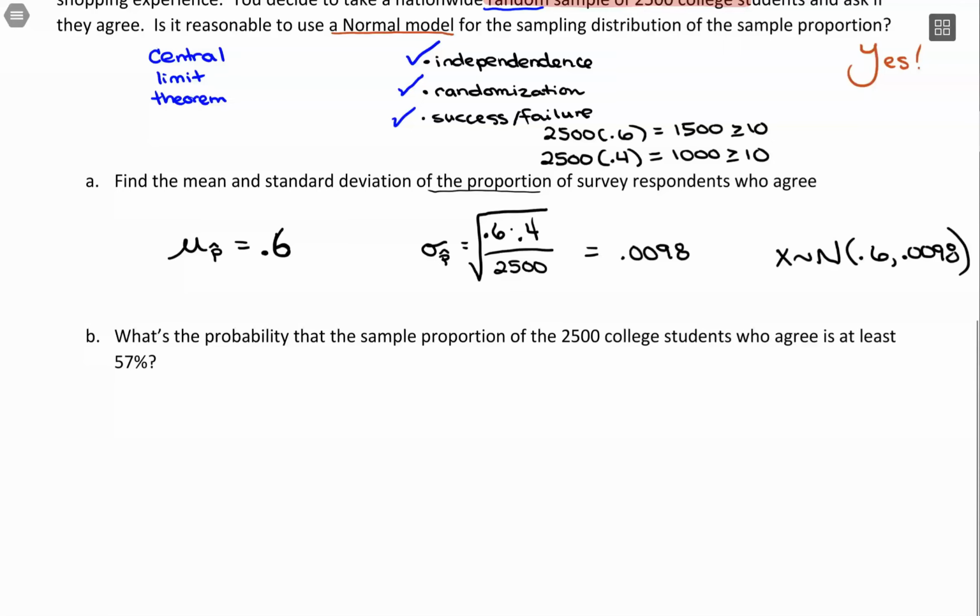So, what we're doing here is we want to see what's the probability of having this value of p hat, or rather at least that value of p hat, given our sample size of 2,500, given that we expect this population proportion of 0.6 coming through.